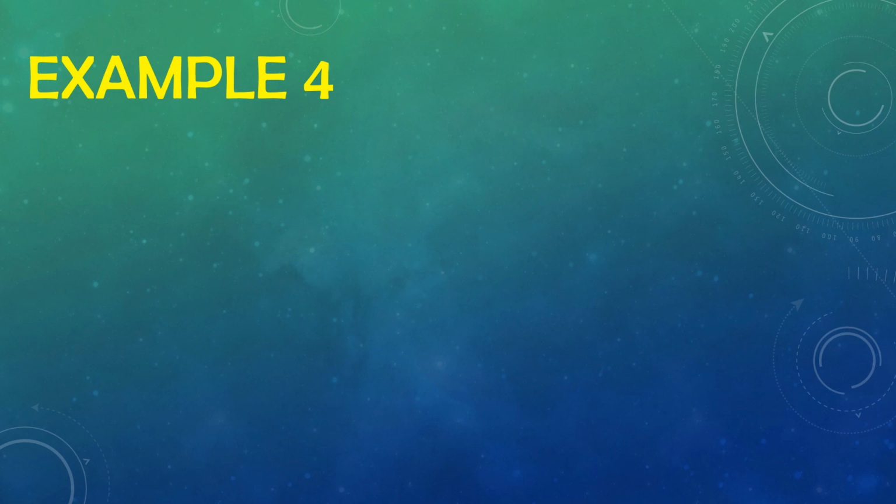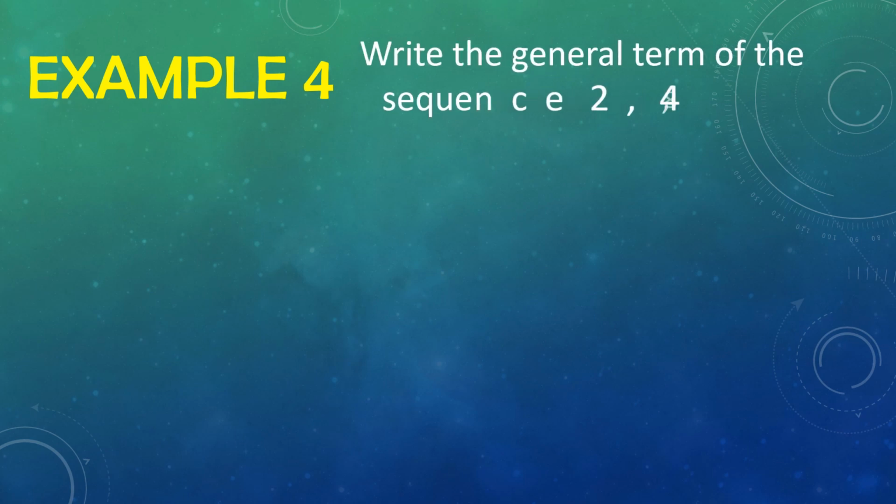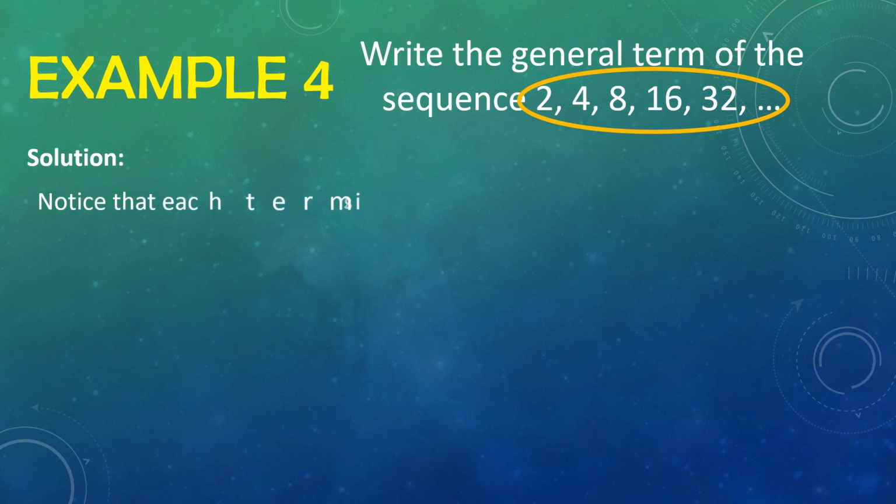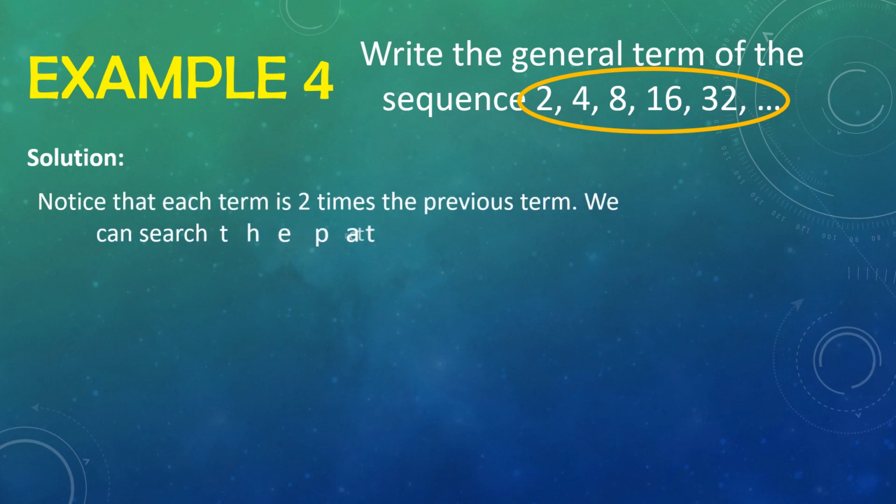Example number 4. Write the general term of the sequence 2, 4, 8, 16, 32, and so on. Start by observing the sequence. Solution. Notice that each term is 2 times the previous term. We can search the pattern using a tabular form.